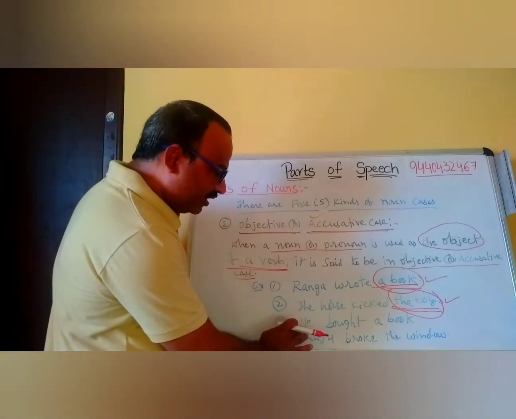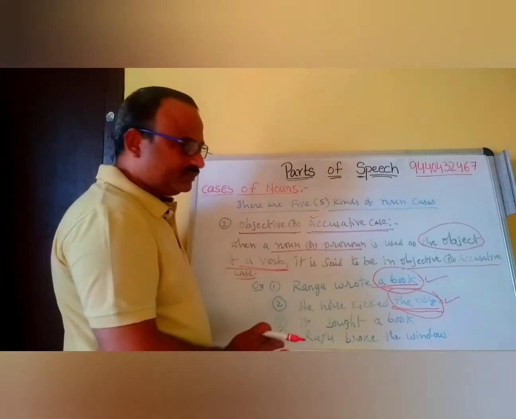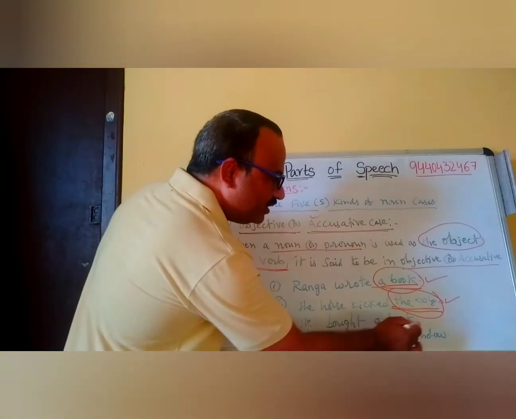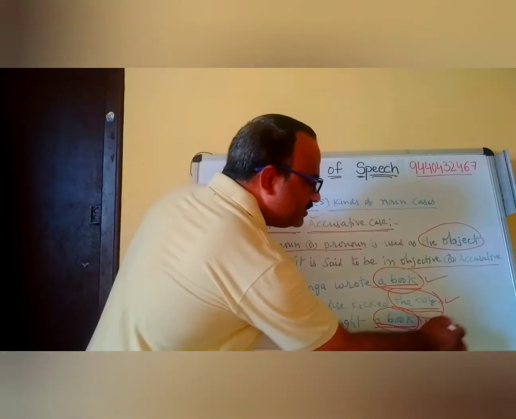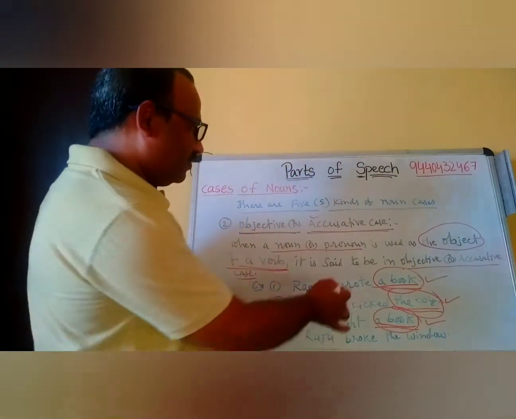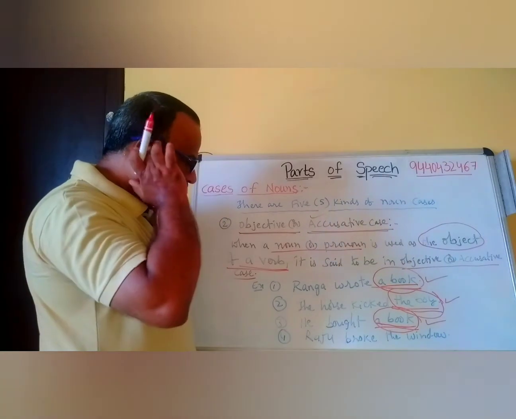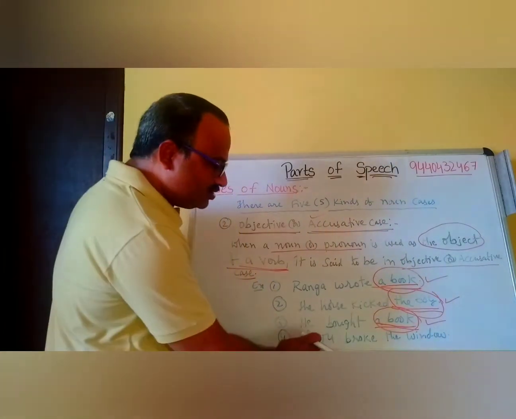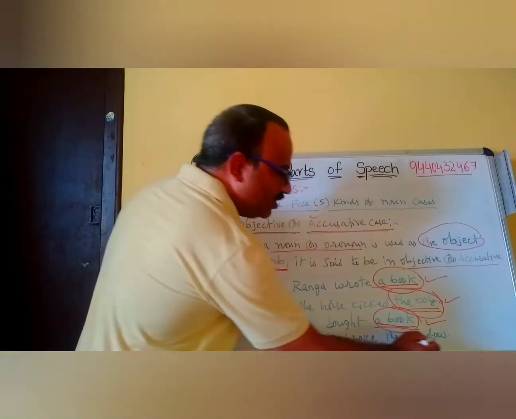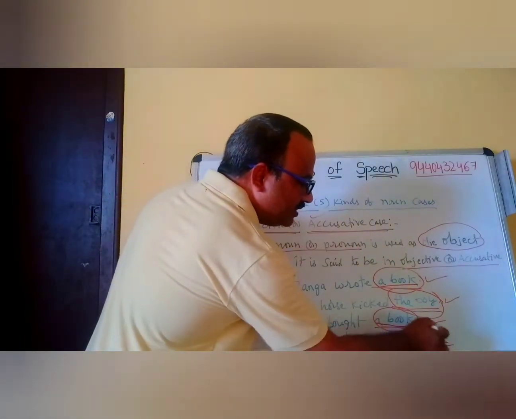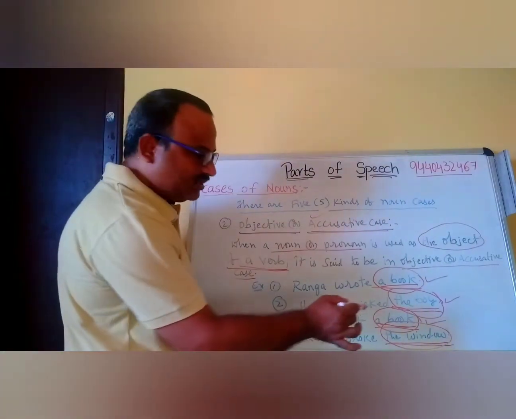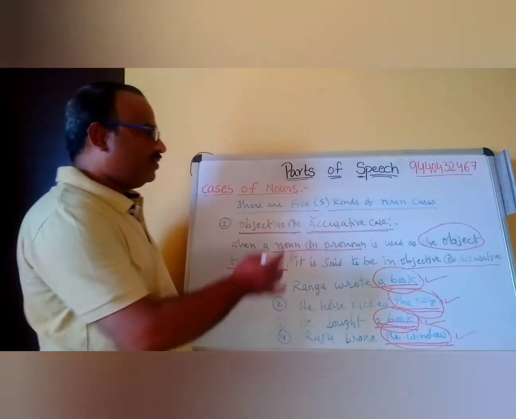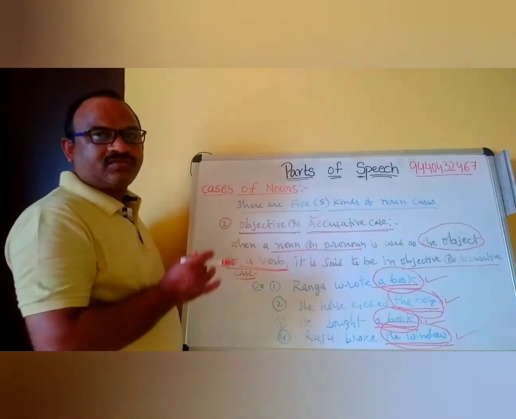Third example, he bought a book. Here a book is in accusative or objective case. Raju broke the window. The window is the object here, so it is in accusative or objective case.